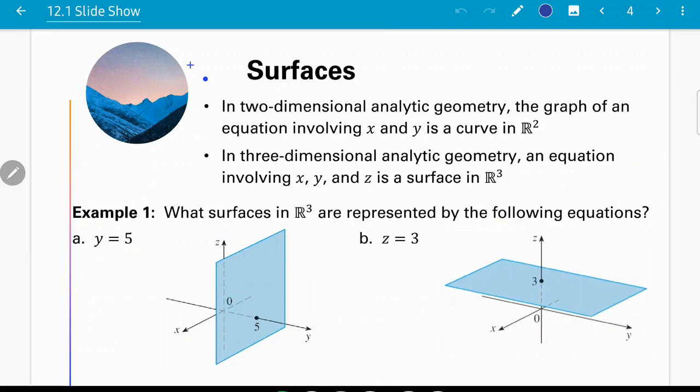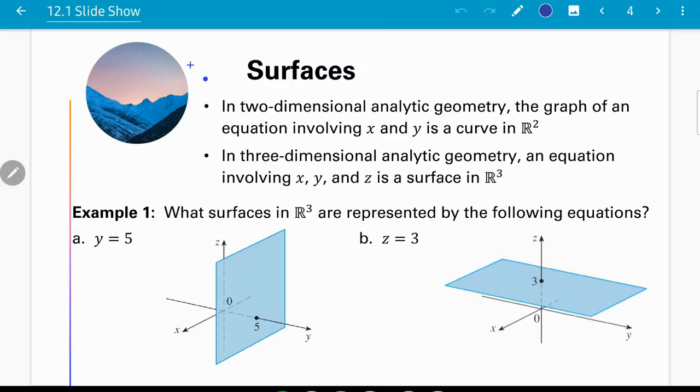In three-dimensional analytic geometry, an equation involving x, y, and z is a surface in R3, or 3-space. The equation y equals 5, instead of representing simply a line in the xy plane, represents a plane in the three-dimensional coordinate system.